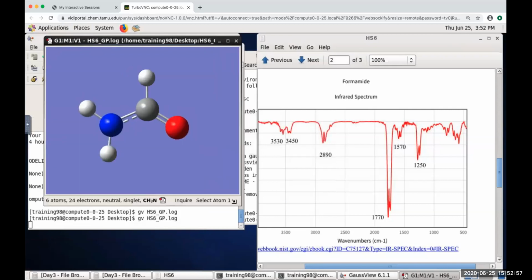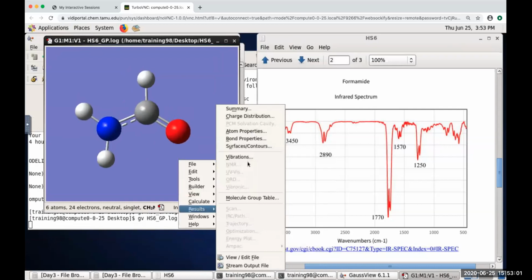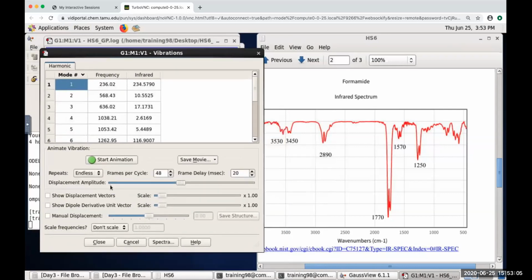Okay, so here we have our gas phase formamide. I'm going to go to results and vibration. Okay, and here's where you can say whether or not you want to scale the frequencies. If we want to just go straight to where the CO stretching frequency is, it's going to be this one right here around 1700.